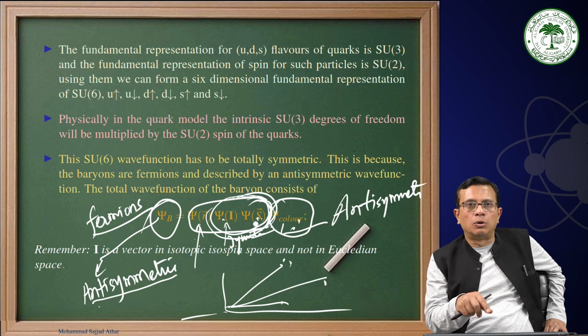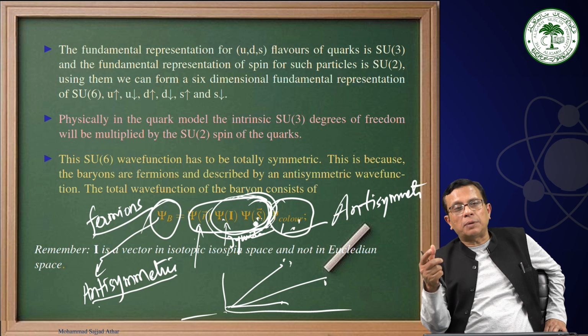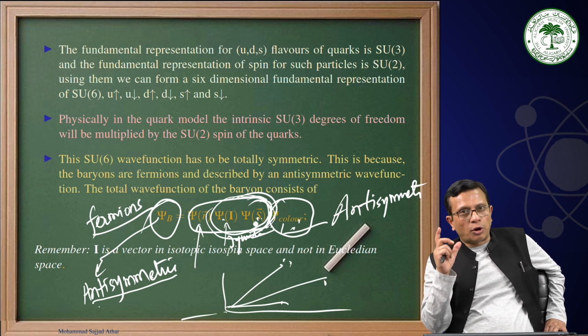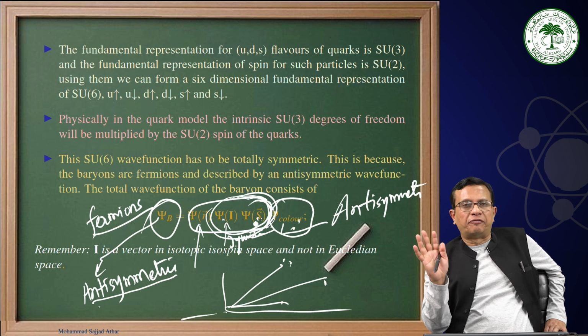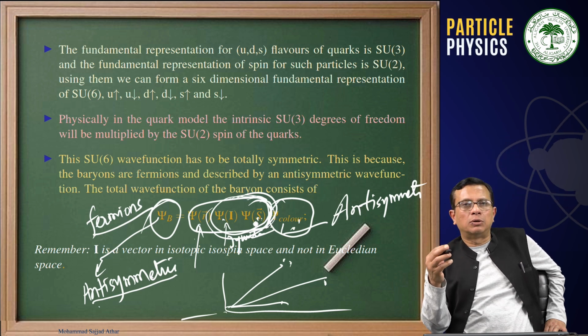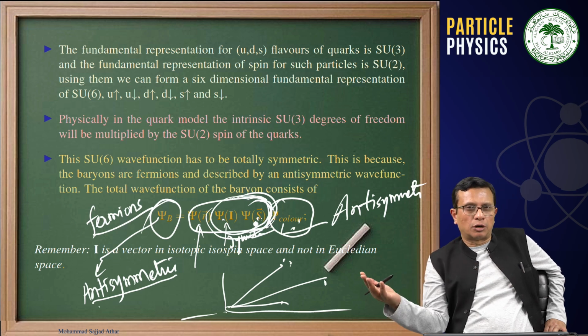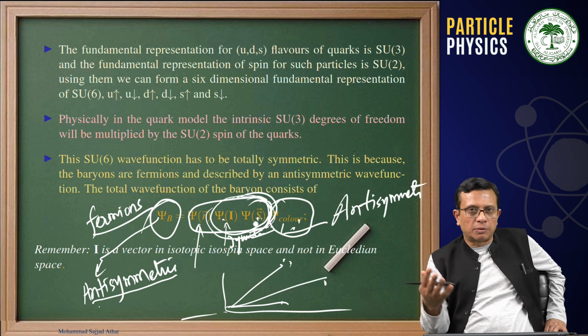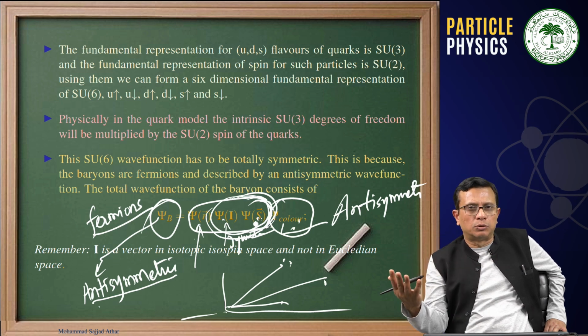And this is how we construct the baryon wave function, because in quantum mechanics all the observables that we talk about are obtained using the wave function of a system. You obtain the expectation value, and the observable corresponding to the operator that you are talking about is the number that matches the experimental observable, whether this is the charge operator, or a magnetic moment operator, or whatever you talk about.